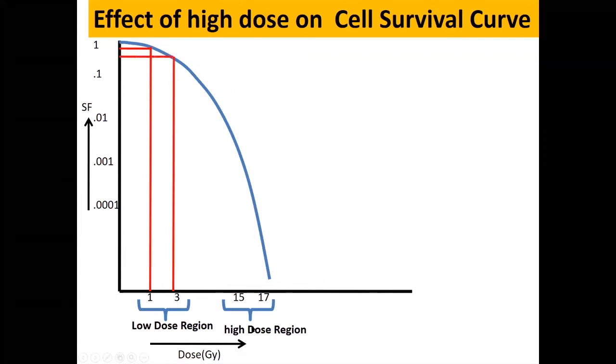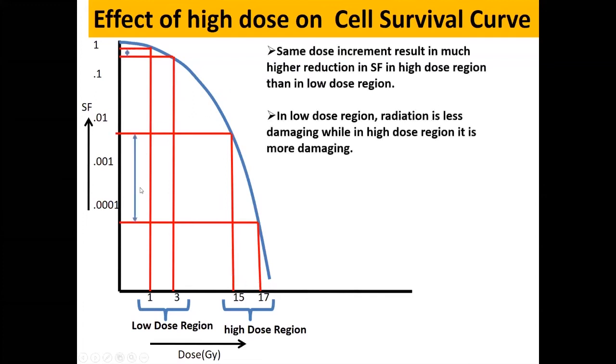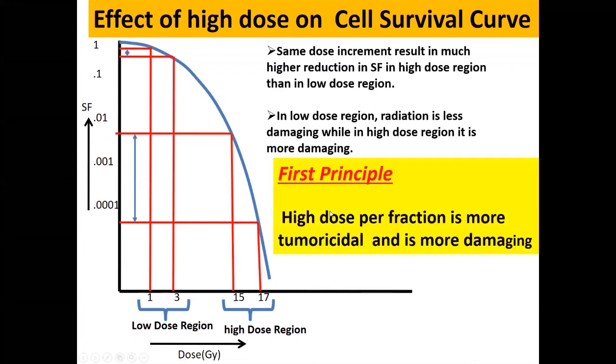Now, in the high dose region, when you deliver 15 gray, it will reduce survival fraction to this point. An increment of 2 gray from 15 to 17 gray will further reduce survival fraction. But you will appreciate that a similar increment of 2 gray in high dose region reduces the survival fraction much more as compared to low dose region. So we can say the first principle of non-fractionated radiotherapy is that high dose per fraction is more tumoricidal and is more damaging.